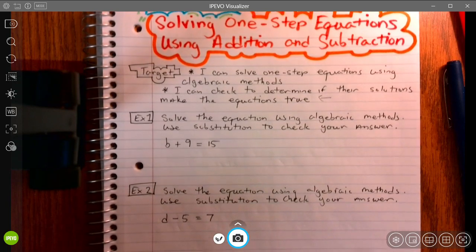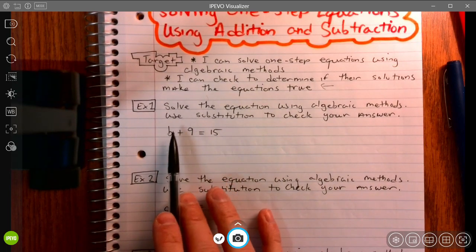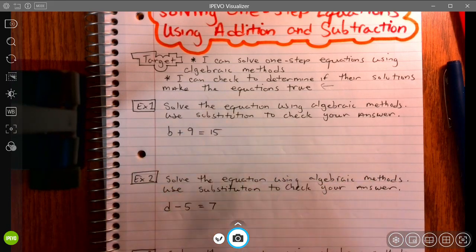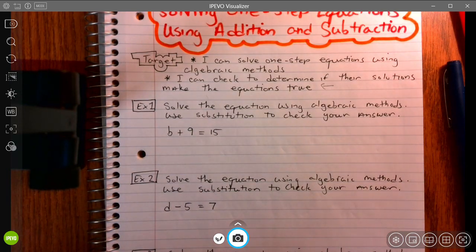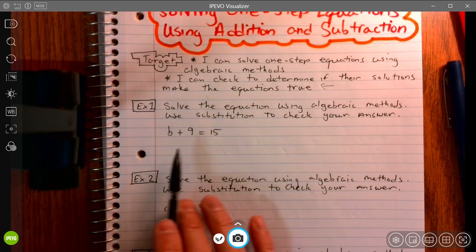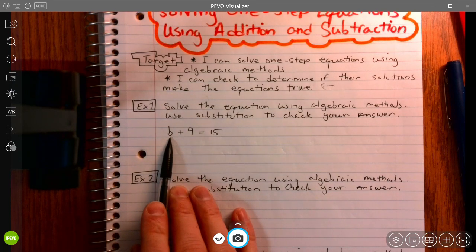All right. So, example number 1 says solve the equation using algebraic methods. Use substitution to check your answer. So when we are solving algebraic equations, at least when we start, we're going to be given some variable, and we're going to be asked to solve for that variable.